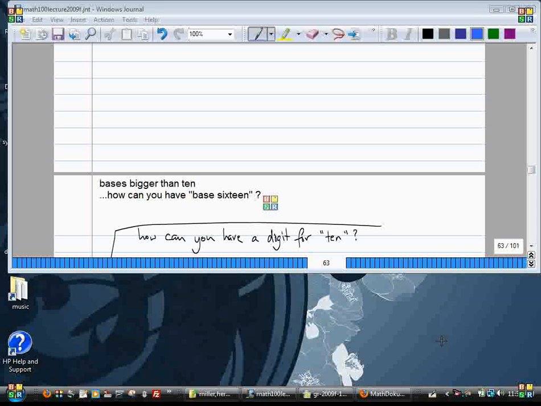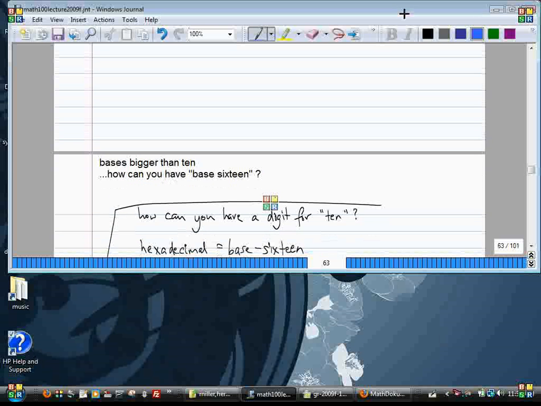It turns out that base 16 is actually used very commonly with computers. We'll get to more computer applications in a minute. And the name for this system is called the hexadecimal system. Hex is 6, decimal is 10, so there's 16, base 16.